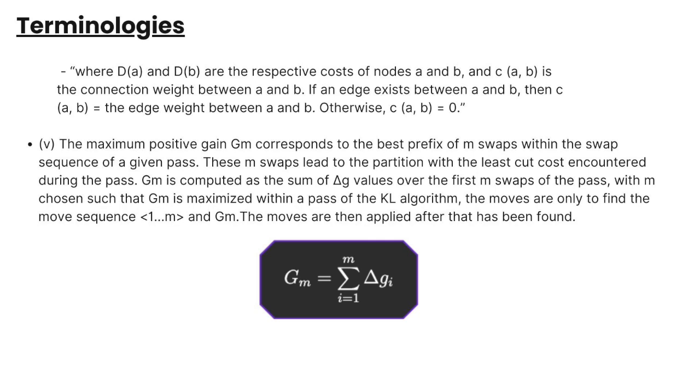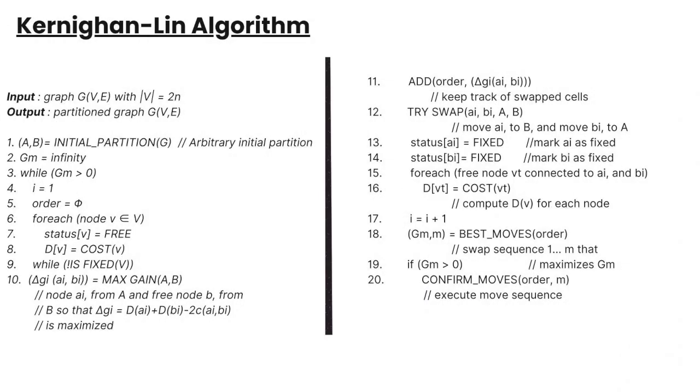In the KL algorithm, we start with infinite gain, assuming that our initial partition is the best possible partition, and then we do iterations until the gain becomes minimum. After all iterations, we calculate the maximum positive gain GM for all values of m, and at last we choose the best possible partition by looking at the maximum value of GM for such m.